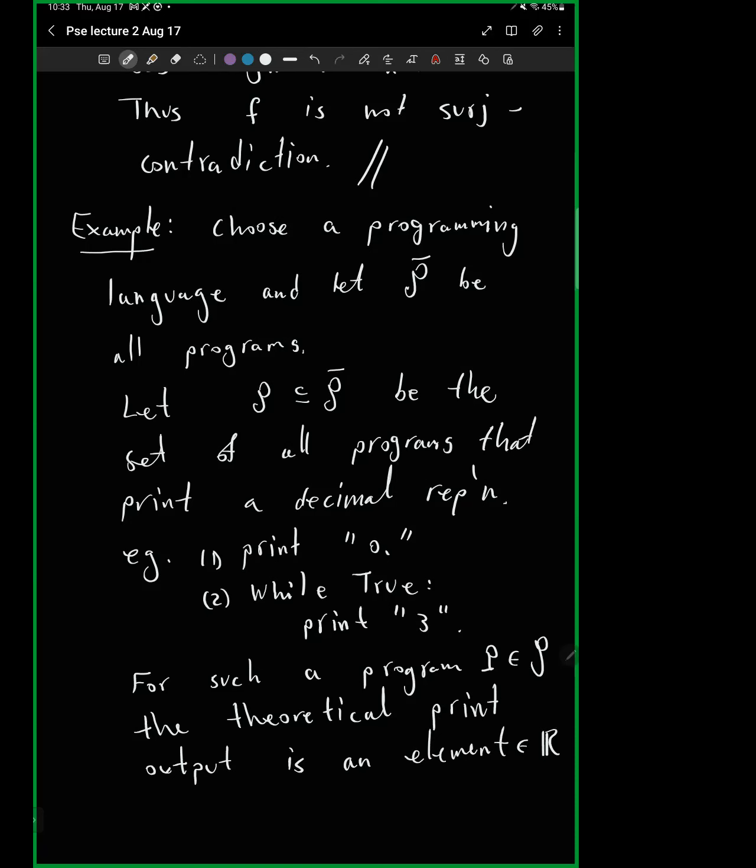I mean, in this example, the theoretical output would be 0.33 and so on, which is, of course, just a third, a real number.